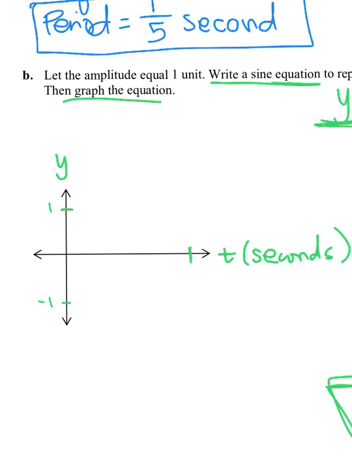I'll just do 0.2, which makes it a little easier to divide. So this is going to be 0.05, 0.1, 0.15. We're just doing one cycle to fit in that one period. So I've got my sine graph with my key points right there.